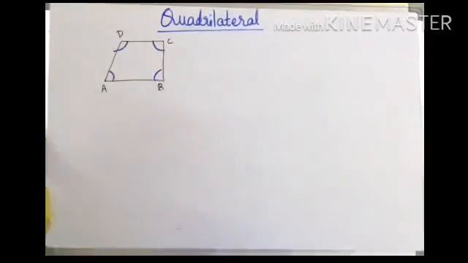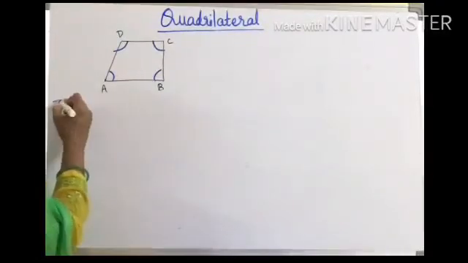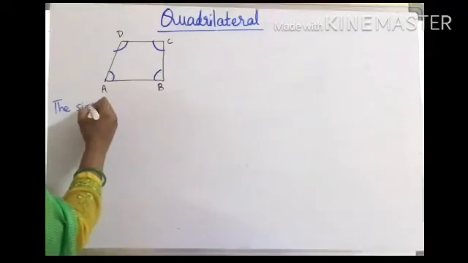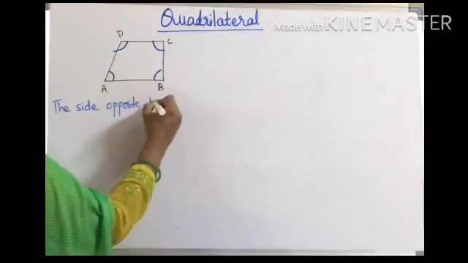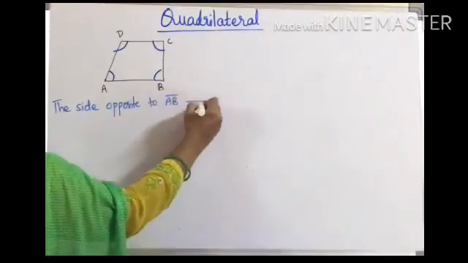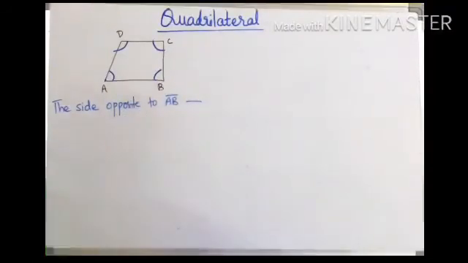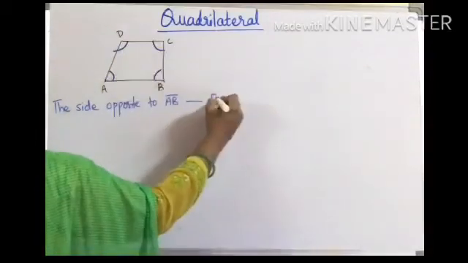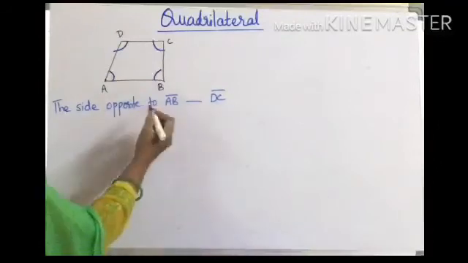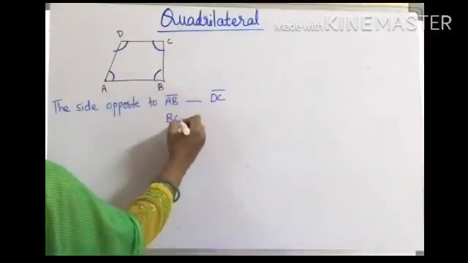See, in objective there you may get the questions like this, children. Here if they ask the side opposite to AB is what? The side opposite to AB. What is the side opposite to AB here? DC, isn't it? Right? And what is the side opposite to BC?